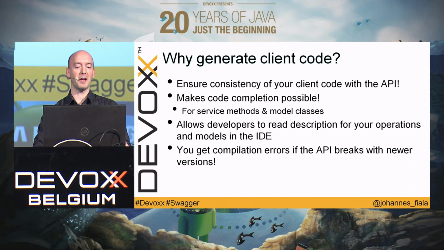And if you add a description to your operations and to your models, developers will be able to read it directly in the generated client code. And finally, if the API changes and it breaks somehow, which shouldn't happen, you get compilation errors. So you will immediately be notified if there has been a breaking change.